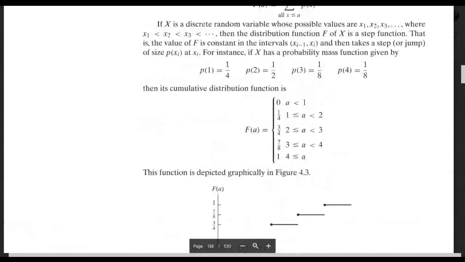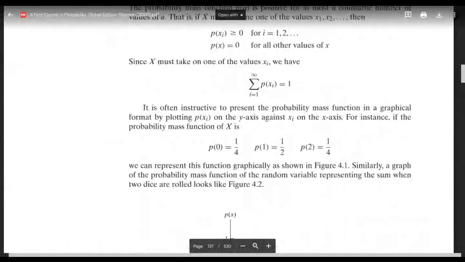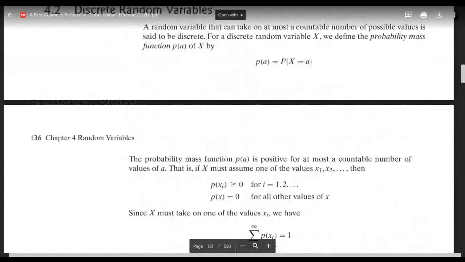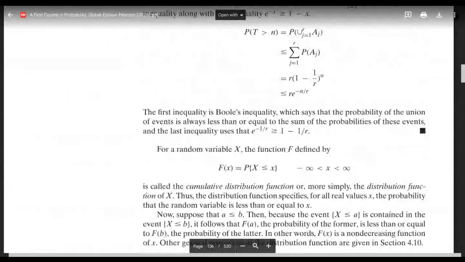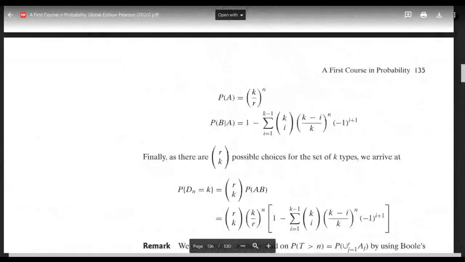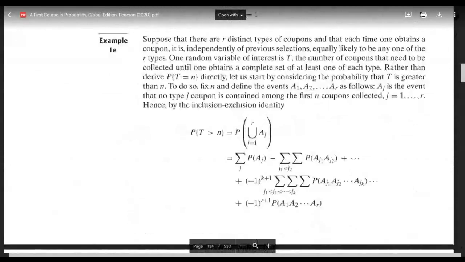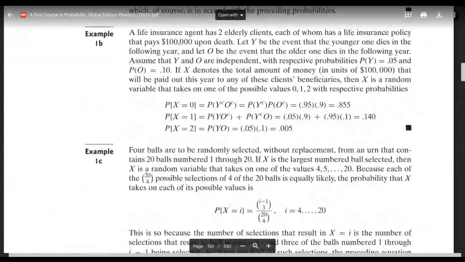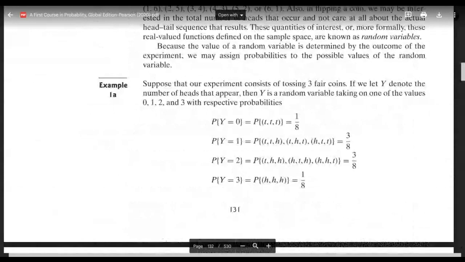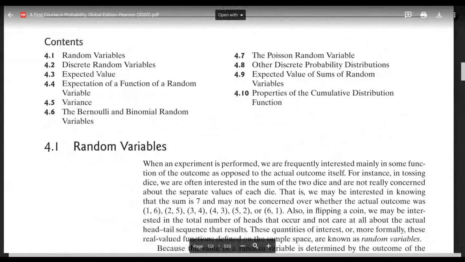All right, so I'm finishing here on random variables, discrete random variables. Next class, we're going to talk about expected values.